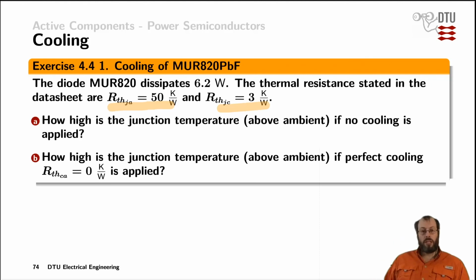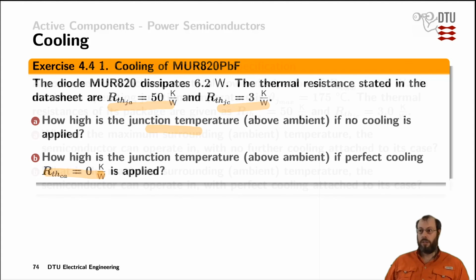Now, the first question is asking, how hot is the piece of semiconductor getting for those conditions if you don't apply any other cooling? And the second question assumes perfect cooling with a case to ambient thermal resistance of 0 Kelvin per watt applied to the device and asks for the same temperature of the semiconductor inside the package.